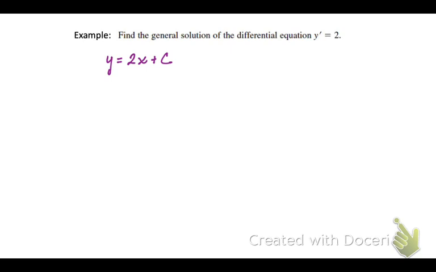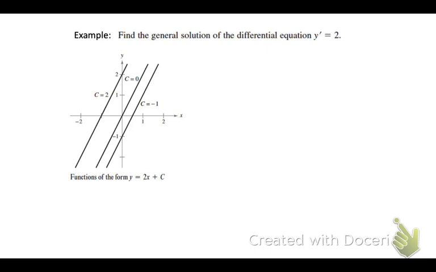Now I think what's going to happen is a picture is going to come up. So let me rewrite it. I have y equals 2x plus c. So this is a linear equation with a y-intercept of c and a slope of 2. So if I change the c, is it going to change the graph that I would get? Yes, because c is your y-intercept.